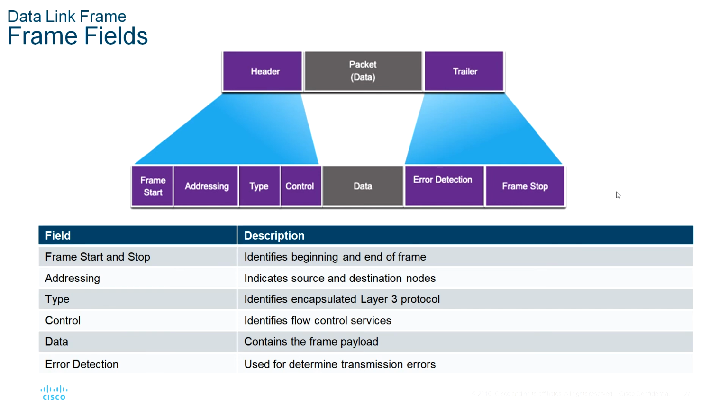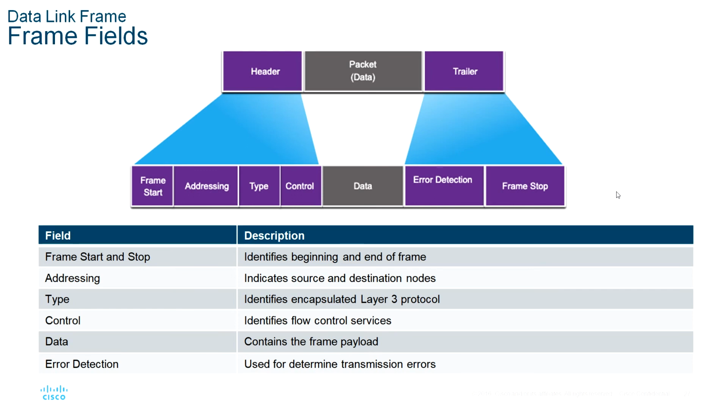The next one, frame fields. Framing breaks the stream into groupings with control information inserted in the header and trailer as values in different fields. This format gives the physical signals a structure that is recognized by the nodes and decoded into packets at the destination.